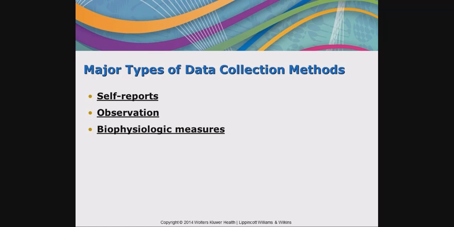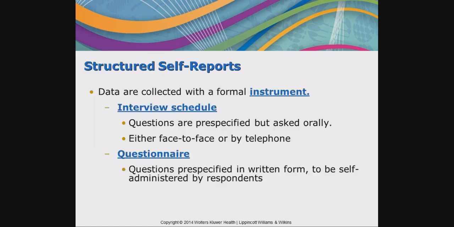Those are going to be the self-report collection methods. Observation can be behaviors or characteristics. Biophysiological measures are going to have to do with just that. Arterial blood gases, blood pressure, pulse, all concrete numbers, urine output, laboratory findings.